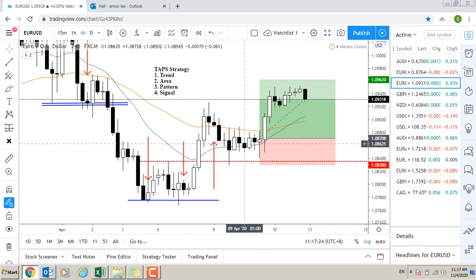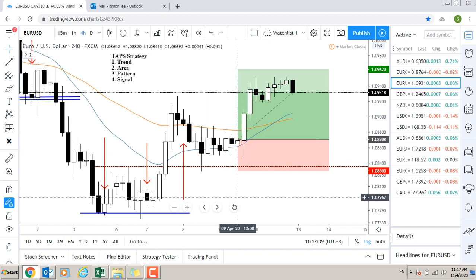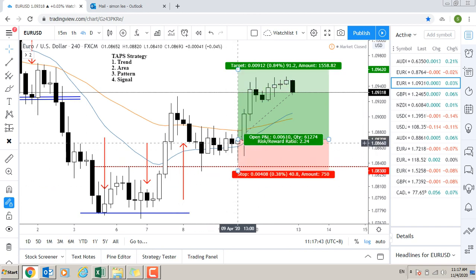The 20 EMA is pointing a little bit upward. More importantly, the price closed and rejected this EMA for the third time, first, second, third. So it shows me that the price is trying to push upward.